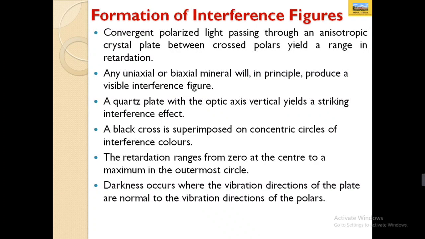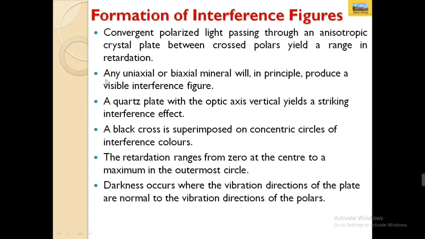Now the convergent light, which is produced due to the condensing lens, polarized light which is produced by the polarizer, passes through an anisotropic crystal plate between crossed polars, that is, polarizer and analyzer both are inserted, in a range of retardation.